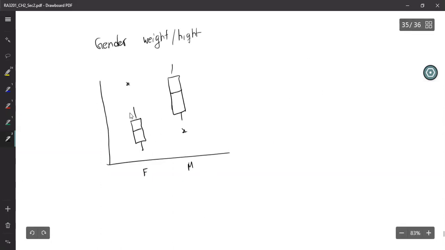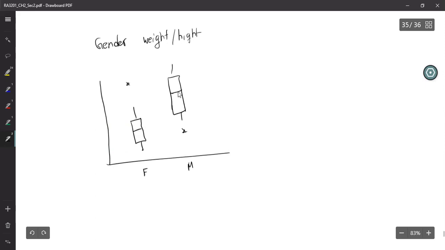The box is the exact middle 50%, Q1 and Q3. So you can easily compare where these observations are lying. The upper 25% of observations of one group may be below the lower 25% of the other group, something like that. You can easily mention that. And see the medians. The medians are very different.